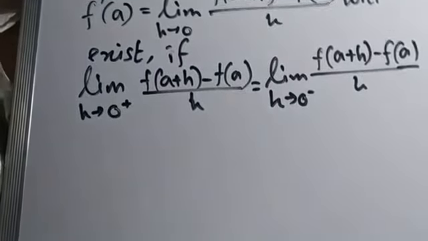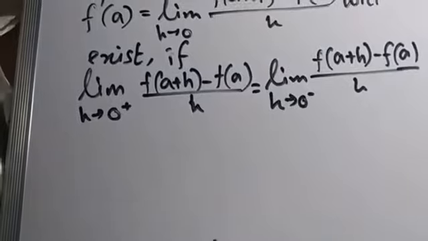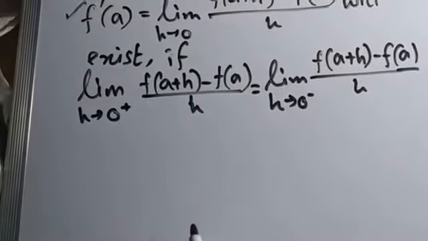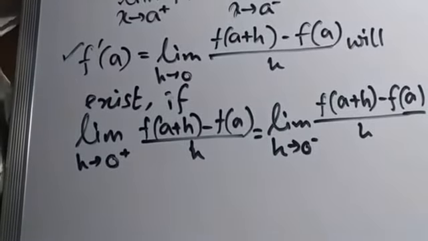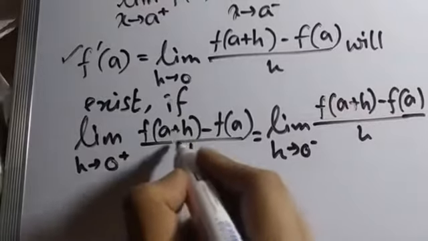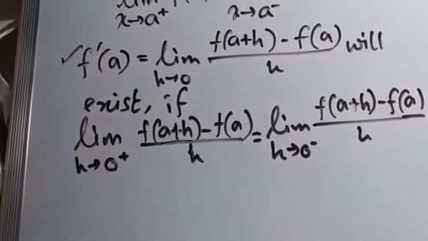If they exist finitely and their values are equal, then we can say the derivative at the point a exists and has this value. The value is the same as the left hand limit and right hand limit.